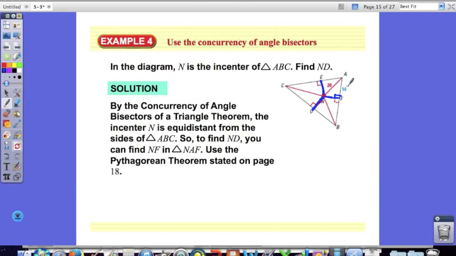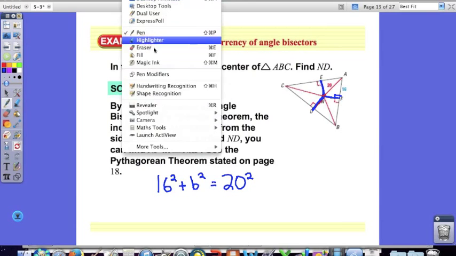So we can use the Pythagorean Theorem, which tells us that 16 squared plus b squared equals 20 squared. I'm going to use my calculator.